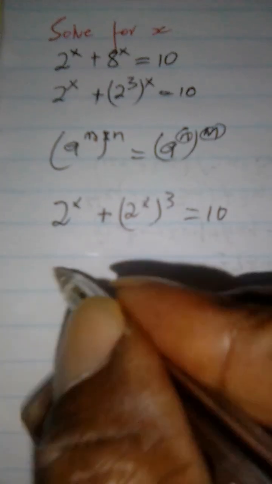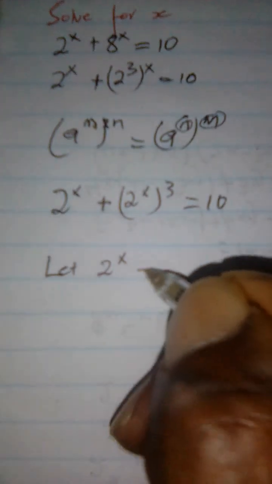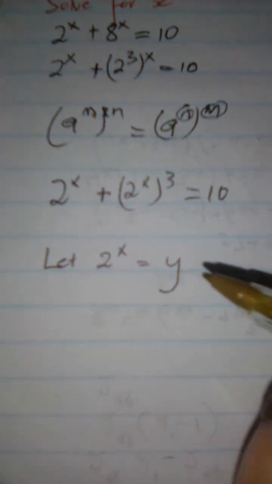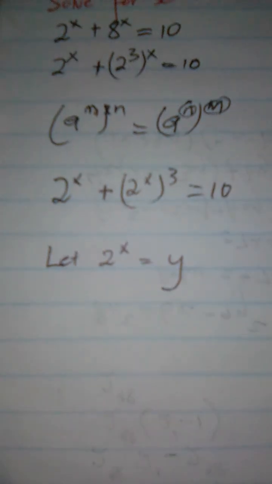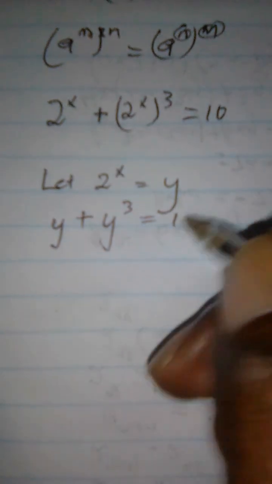The next step, I'm going to let 2 raised to x equal y. So wherever I see 2 raised to x, I'm going to write y, so that I have this equation: y plus y raised to 3 is equal to 10.